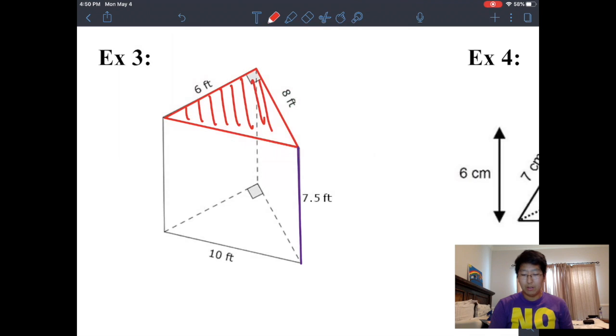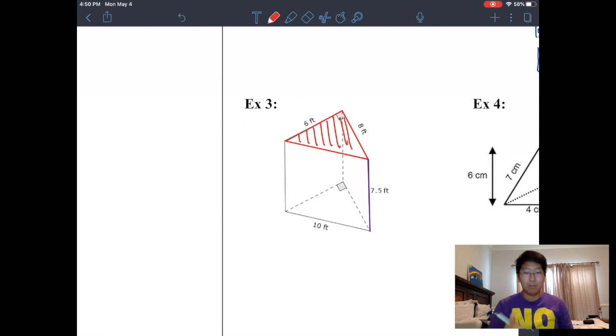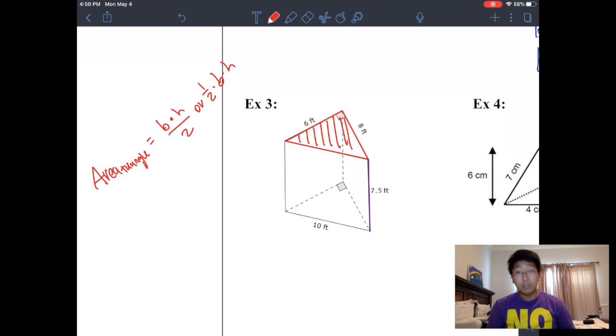So first I'm going to find the area of a triangle. If you don't remember how to find the area of a triangle, that is going to be the base times the height divided by 2. Or you could say 1/2 times the base times the height. Notice that I have a lowercase b here because it's not the base of the area of the base.